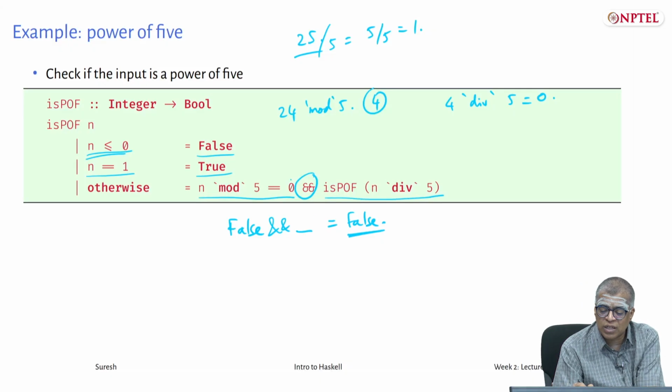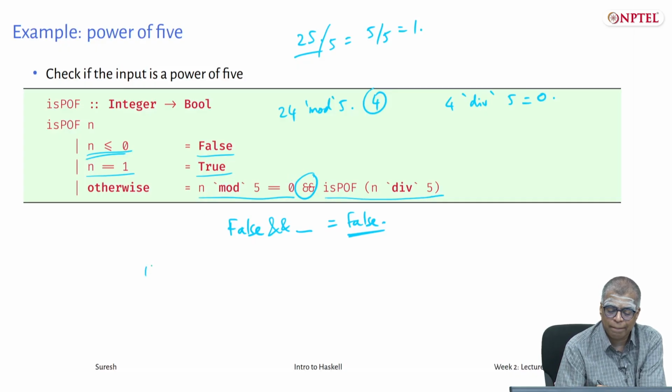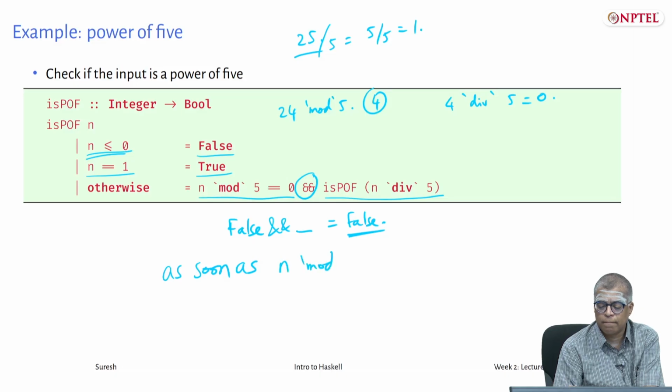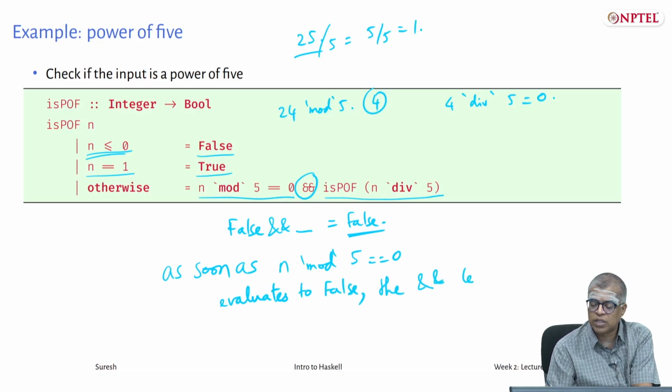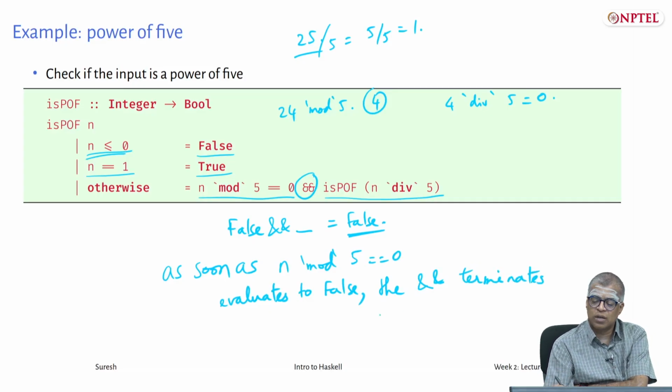The moment it realizes that this part is false, as soon as this check evaluates to false, the AND terminates. The evaluation of the AND terminates, and false is returned as the final value.